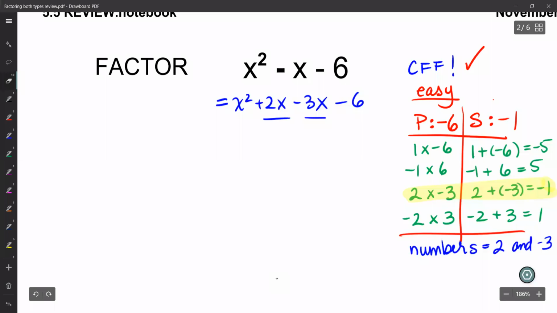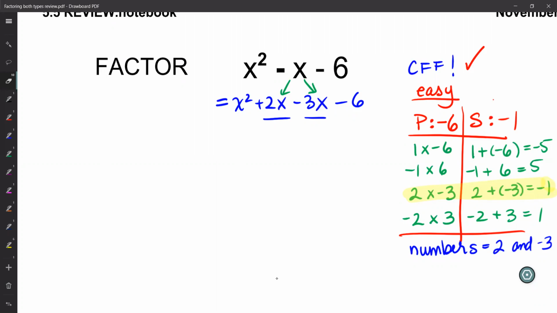Okay, so I'm going to ask you guys, is it necessary for me to split this -x up into these two numbers if I have a 1 in front of my x squared here? What do you guys think? Sophia? Yes.